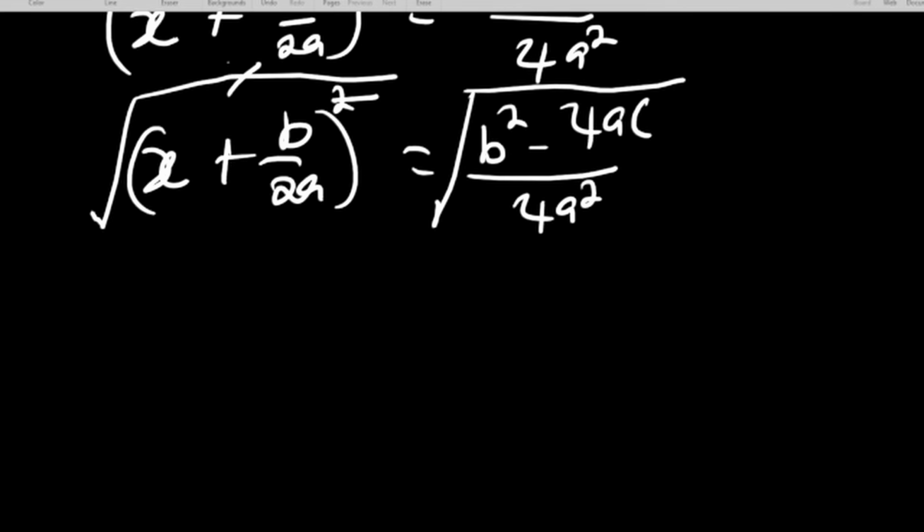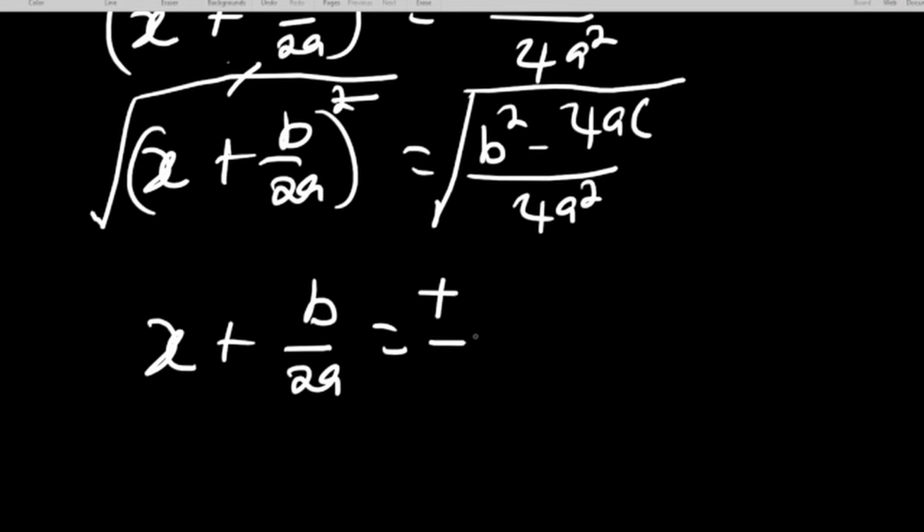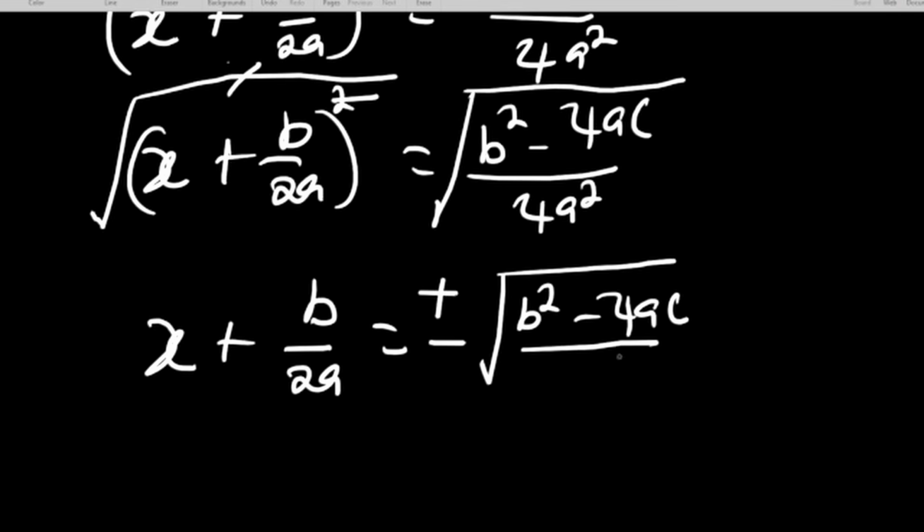Once they cancel out, we are left with x plus b over 2a equals, so when you take the square root of a number, you're going to get two values. One is for the plus and the other is for the minus. So we now have plus or minus the square root of b squared minus 4ac all over 4a squared.